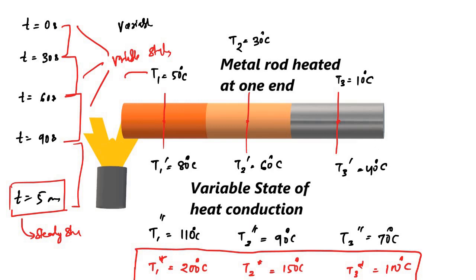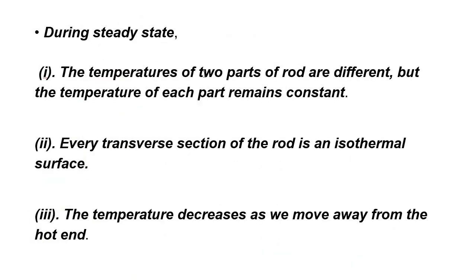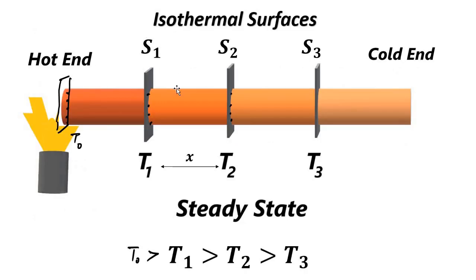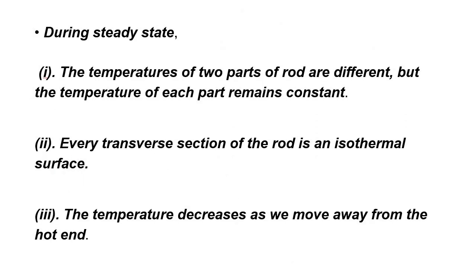Okay, so in steady state, the temperature of the different parts of the rod are different, but the temperature of each part remains constant. And each transverse section of the rod behaves as an isothermal surface, because all the points on this section always remain at a fixed temperature, and the temperature decreases as we move away from the hot end.